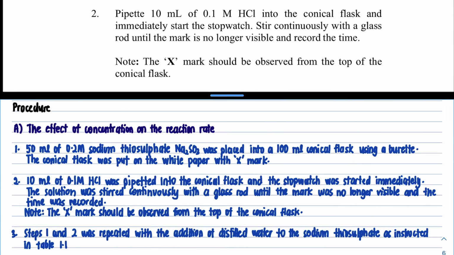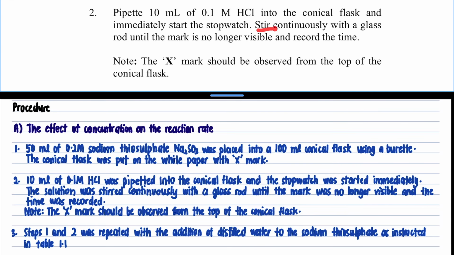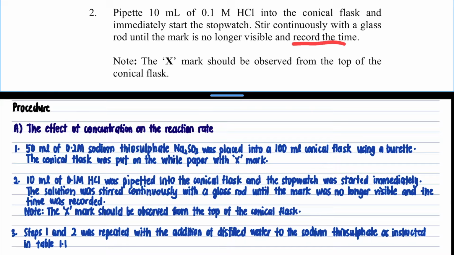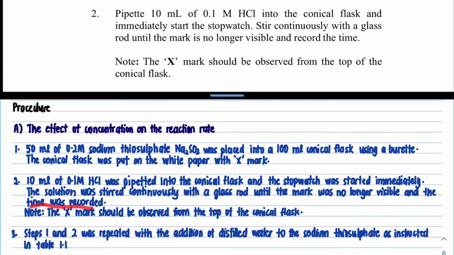The next sentence: stir continuously with a glass rod until the mark is no longer visible and record the time. I have changed it to: the solution was stirred continuously with the glass rod until the mark was no longer visible. And from record the time, I'm going to change it into: the time was recorded.